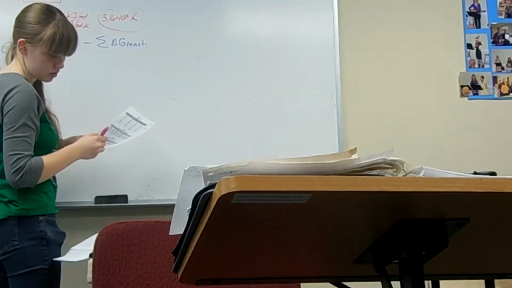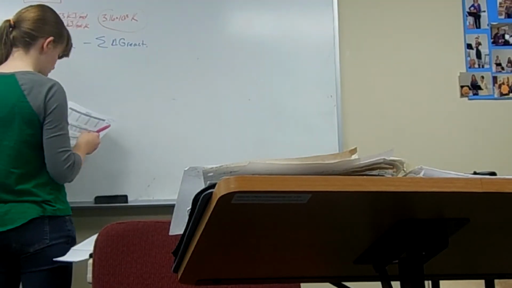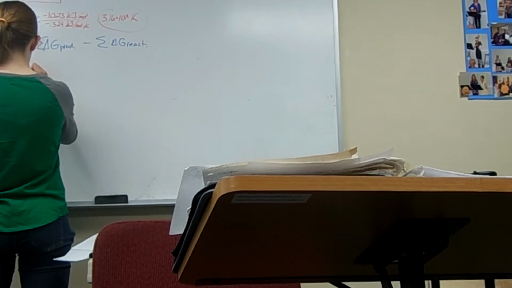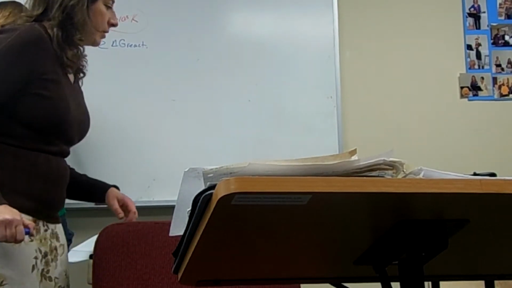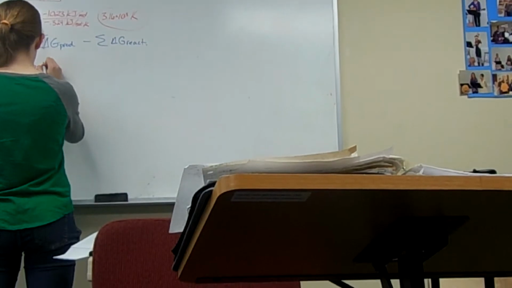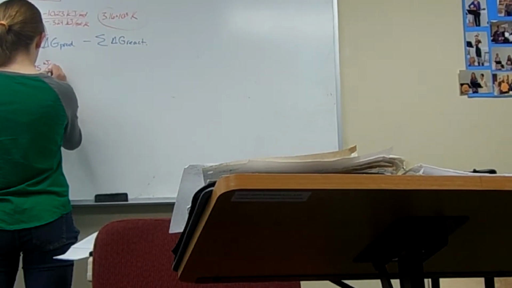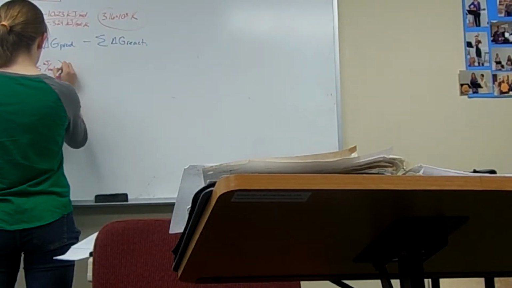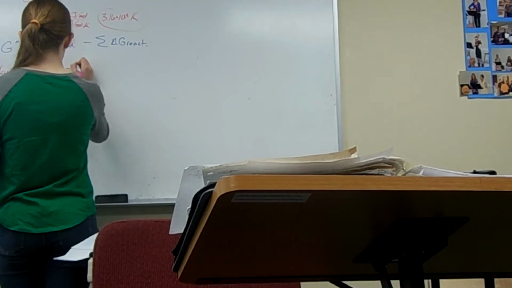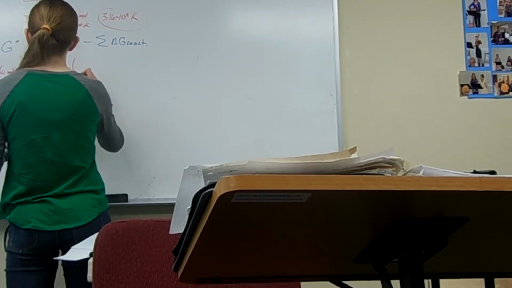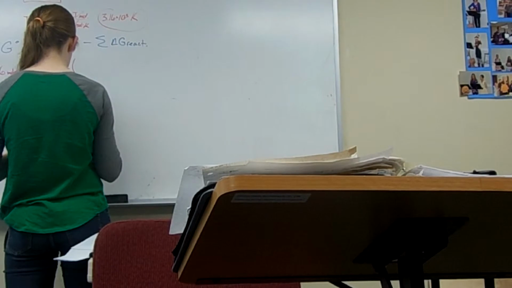All right, so Maddie, calculating delta G. I'm putting up a balanced equation, which I don't actually have, so I'm looking at this. So we've got... would this be 0?